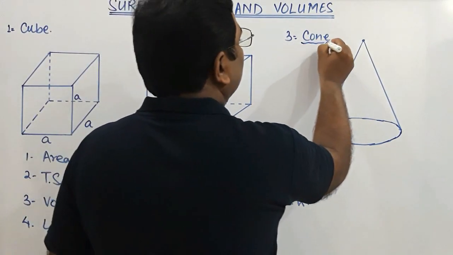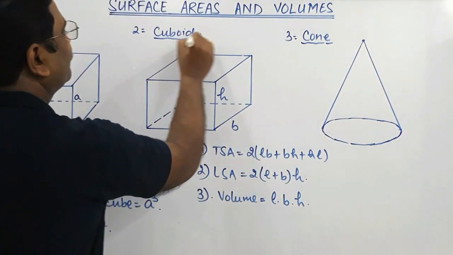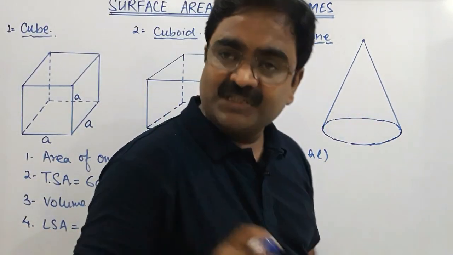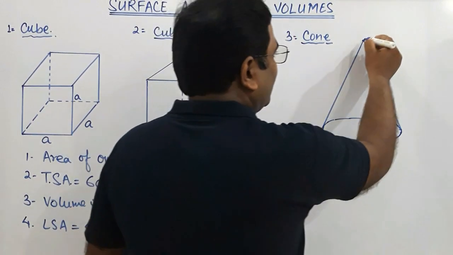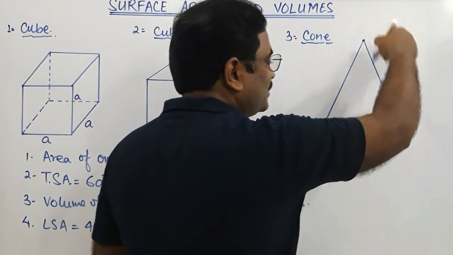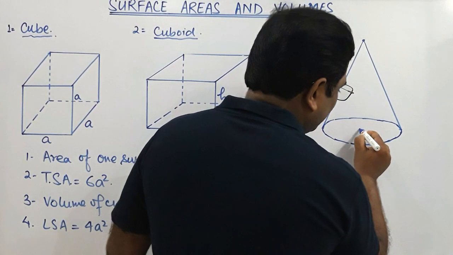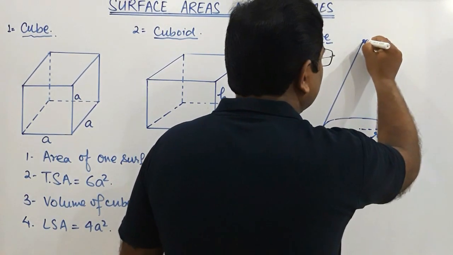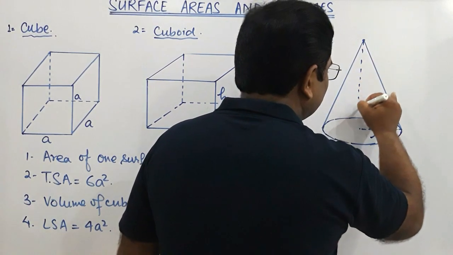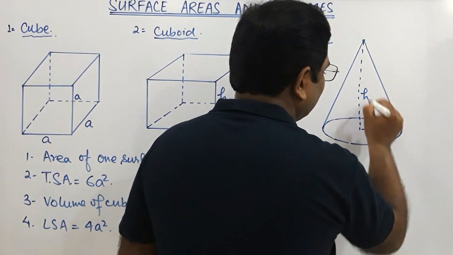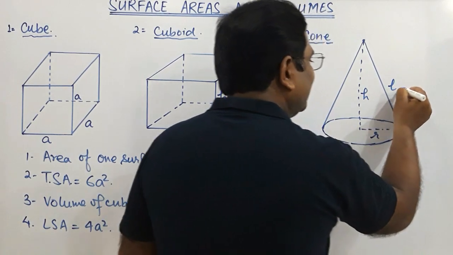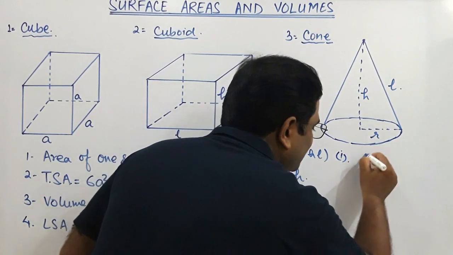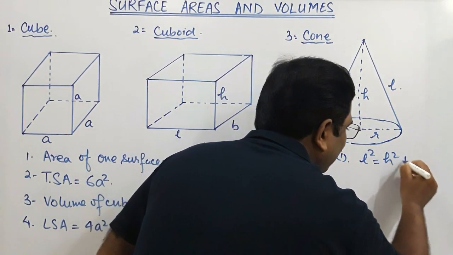Same as it is here, taking the cone. In the cone, you know that the base of the cone is circular and the wall is the curved surface. If the radius of this circular region is r and the height of this cone is h, this is r, and the slant height is L. So the first formula for the cone is L square equals h square plus r square.